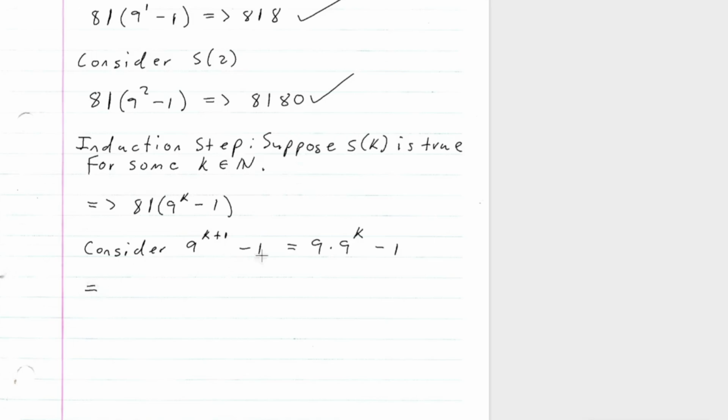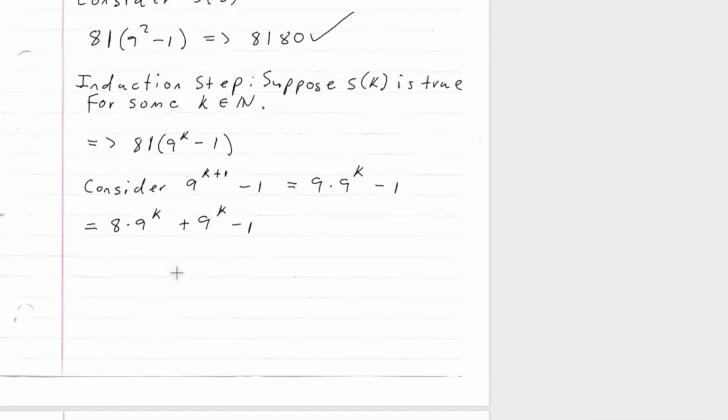Well, this is saying that we have 9 to the k's, and then we subtract 1, right? So we know this is the same thing as 8 times 9 to the k plus 9 to the k minus 1, right? Because we still have 9 to the k's, we just rewrote it in this fashion. And I'll show you why we did that.